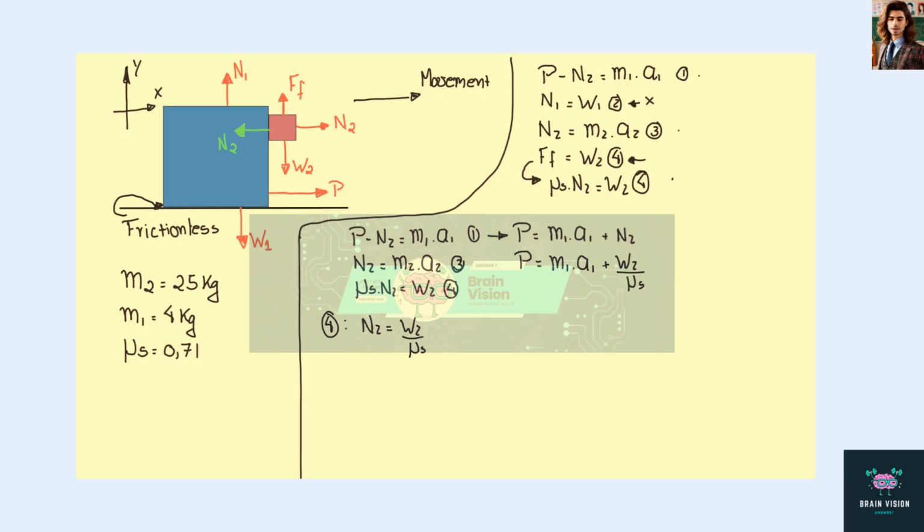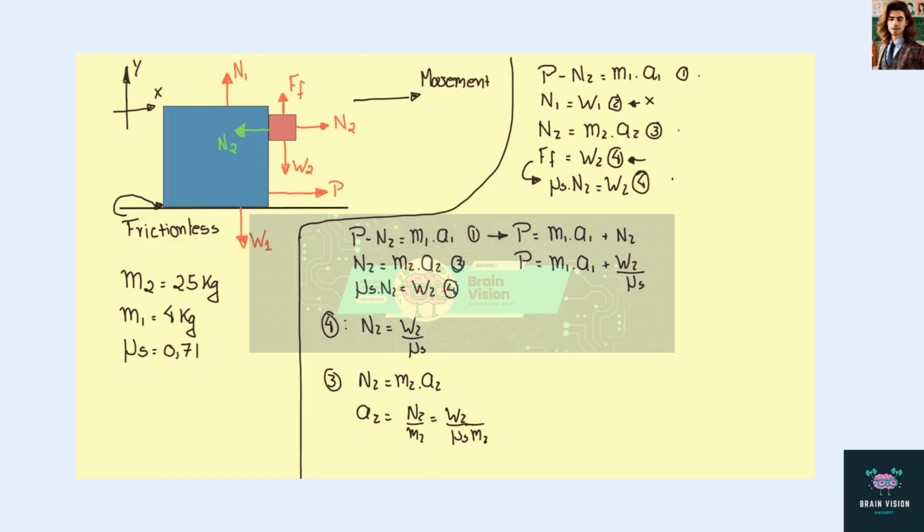Now we have to discover what is the value of A1. And for that, we can use equation number 3. Equation number 3 tells us that N2 is equal to M2 times A2. Therefore, A2 is N2 divided by M2, and at the same time, N2, we already know, is W2 divided by mu static. So, we get this for the acceleration number 2.